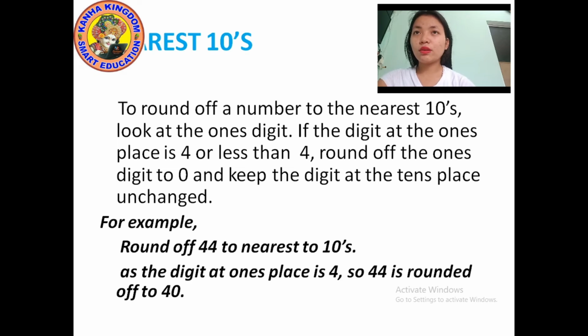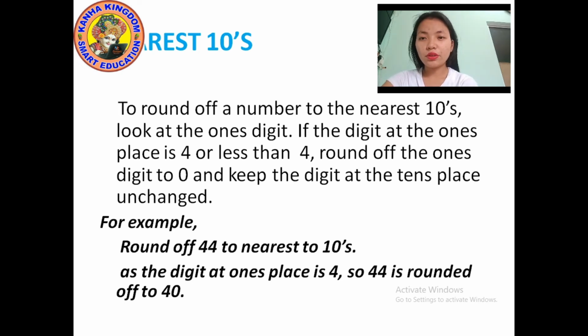If the digit at the ones place is 4 or less than 4, round off the ones digit to 0 and keep the digit in the tens place unchanged.